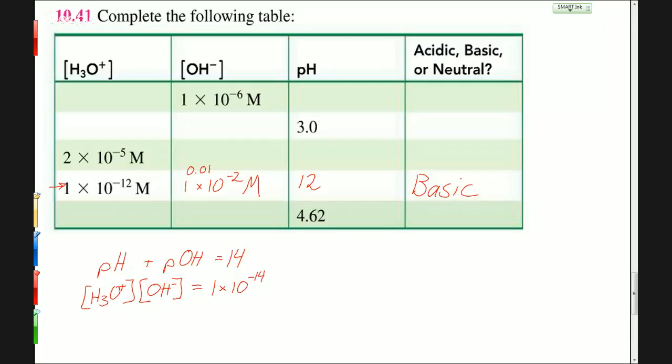Acidic, right? 3 is on that low end of the scale, so that's going to be acidic. Now, how do we figure out the hydroxide and hydronium concentrations if we just have the pH? How do we go backwards? What's the opposite of a log?